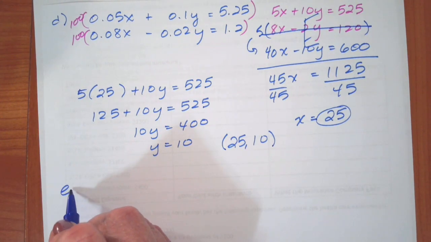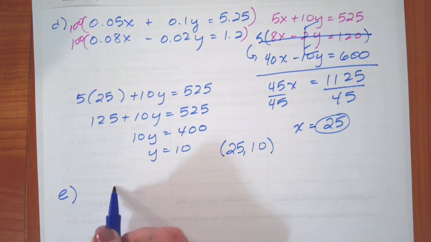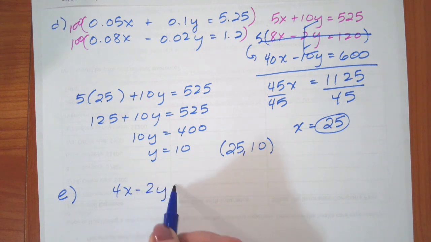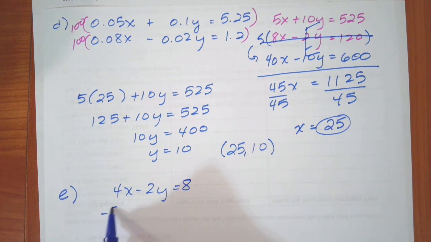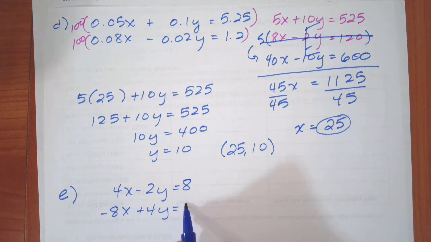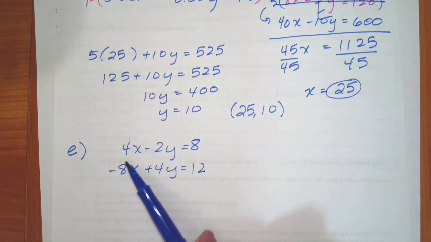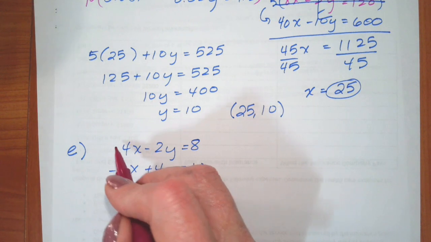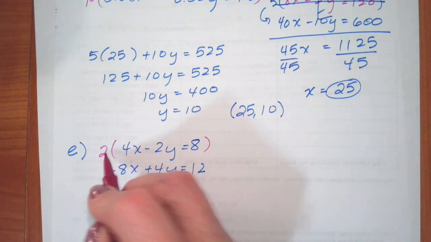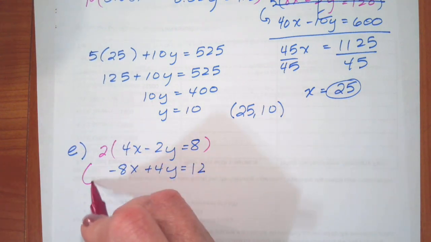Okay. And then finally E, I have 4x minus 2y is equal to 8, and negative 8x plus 4y is equal to 12. Okay, so let's eliminate the x this time. That means if I multiply this by 2, that'll give me a positive 8 and a negative 8.